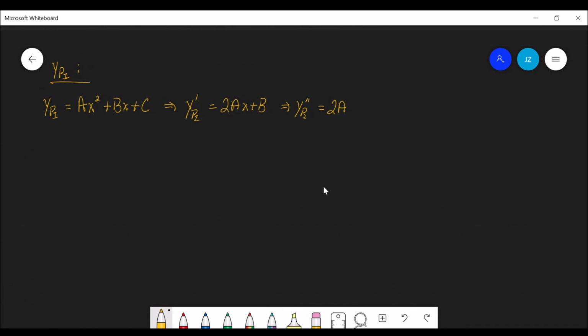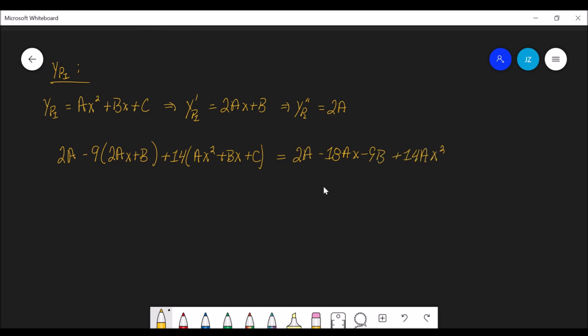So if we plug it in, we will get 2a minus 9 times 2ax plus b plus 14 times ax squared plus bx plus c. All right, so we're going to get 2a minus 18ax minus 9b plus 14ax squared plus 14bx plus 14c.